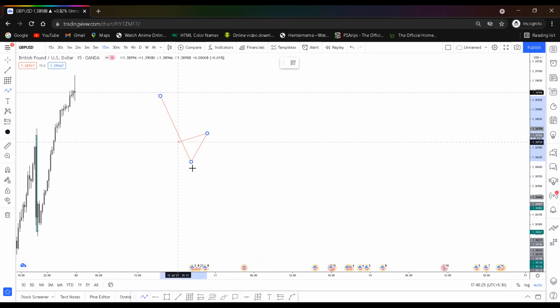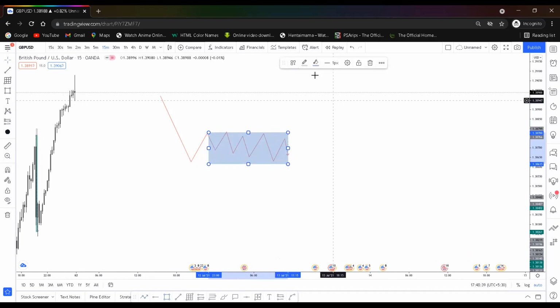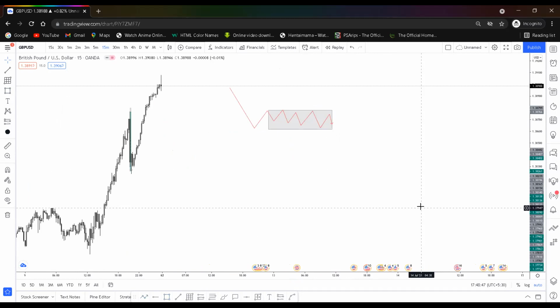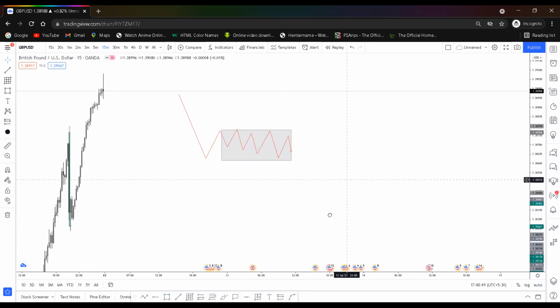Just a rough sketch. Asia does this, which means the market is accumulating, gathering orders, because these consolidations are important.